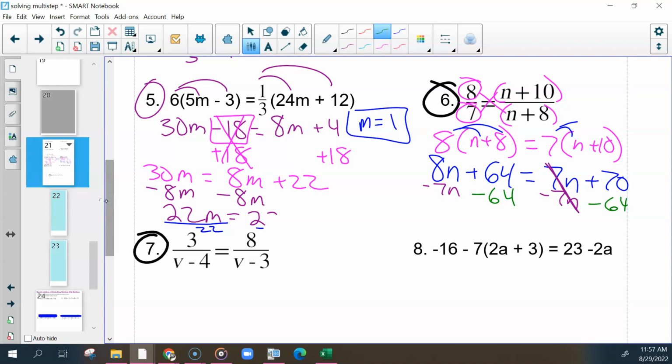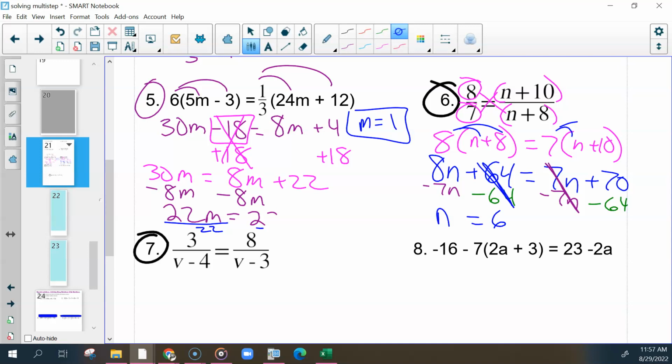Okay, so as we're going through this, 8n minus 7n would give us just n. Plus 64 minus 64, those would cancel. My 7n's already canceled. And 70 minus 64 would give us 6. So it's kind of knocking out some space.